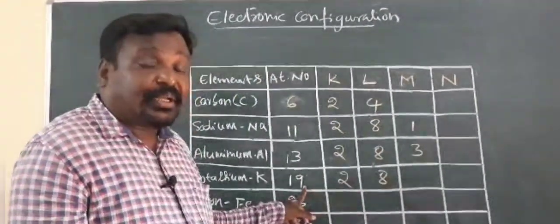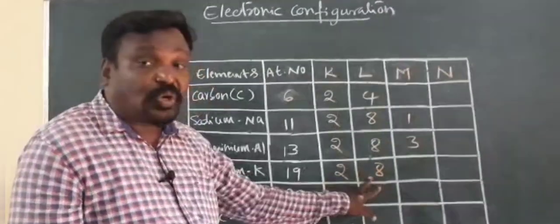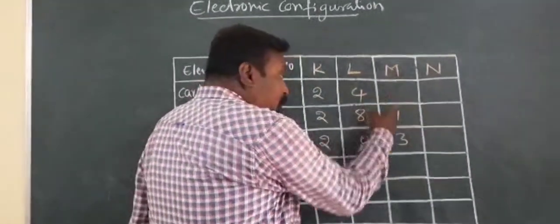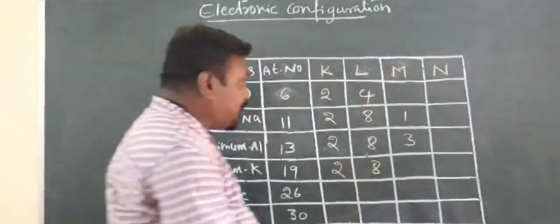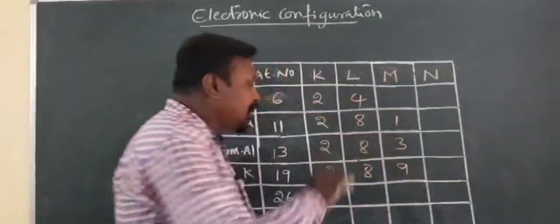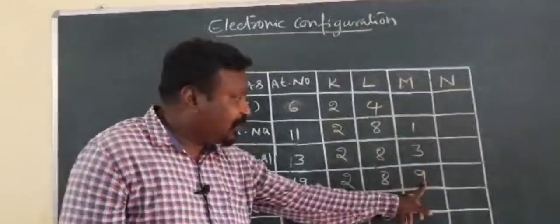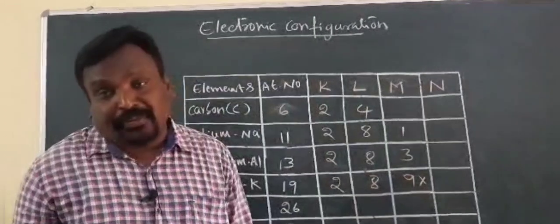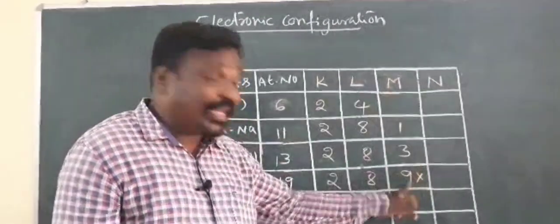Now, 9 electrons remain after these 2 shells got filled, right? Now, what is the number of electrons present in M shell then? If it is 9, it is 2, 8, 9 and 2 plus 8 plus 9 is 19. Is it correct? Children, the way of representing like this is absolutely wrong.